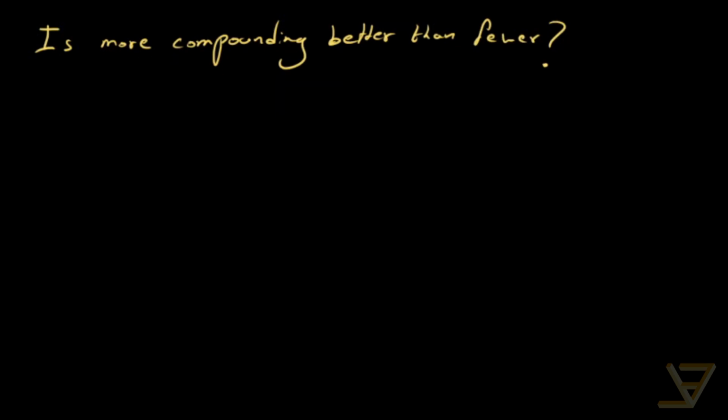So let's look at what this would mean. We want to show that if m is greater than n, and they're both integers, and by more compounding I mean a higher number of compoundings in a time period.